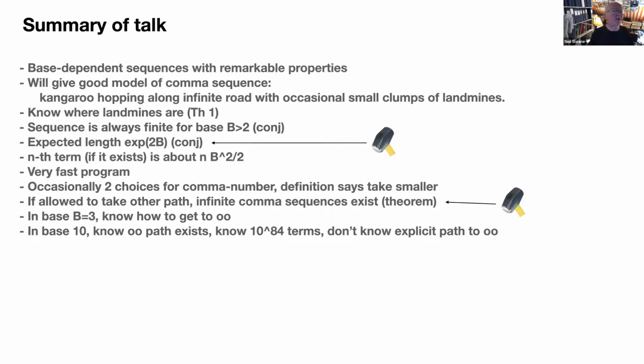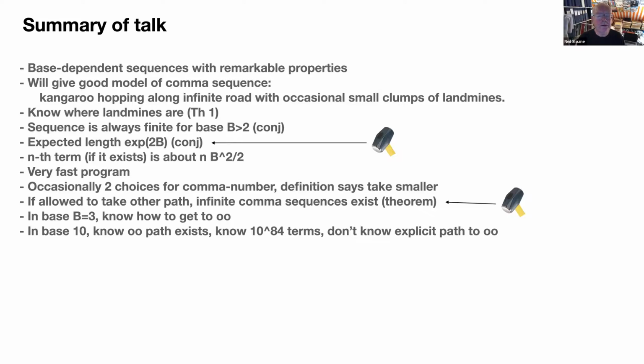Good. The arrows work. Okay, so just to give you an idea of what the talk is going to be about, as I said, this is a base-dependent sequence with remarkable properties, and we have a very good model for this sequence, for any of these sequences.